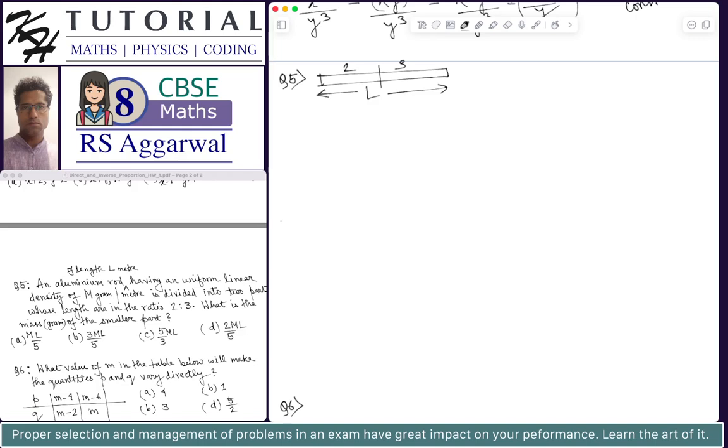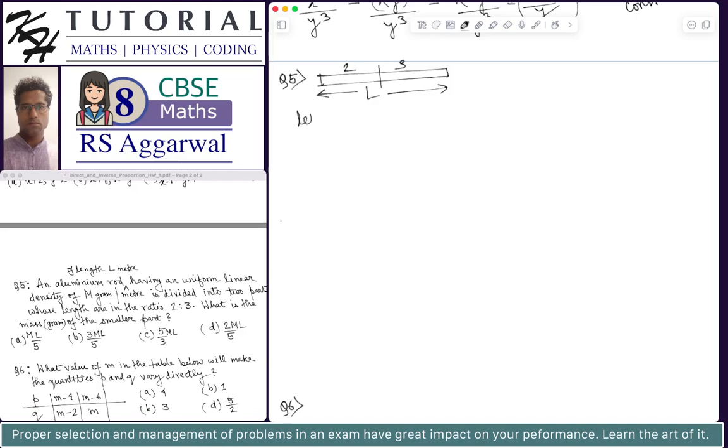Now, I hope you are aware that we can easily find the length of the two parts when we know the ratio of the lengths of the two parts and the total length of the rod, which is L.